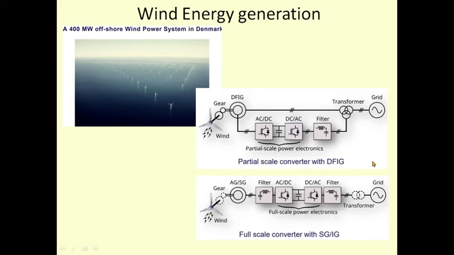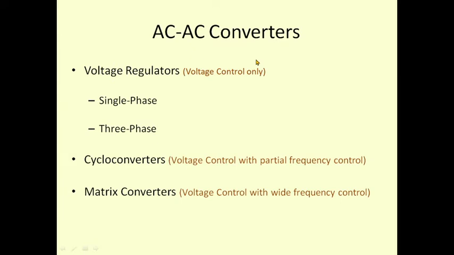power electronics. Now coming to the AC to AC converters, as I told you, we are having voltage regulators in which we can control the voltage only. This can be classified as single phase and three phase. And then we have cycloconverters. In cycloconverters, we can control the voltage as well as the frequency, but partial frequency.